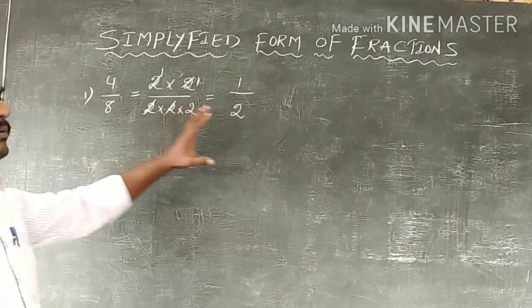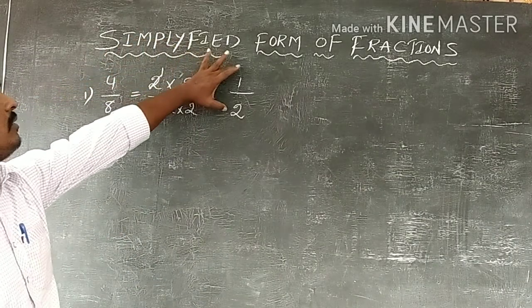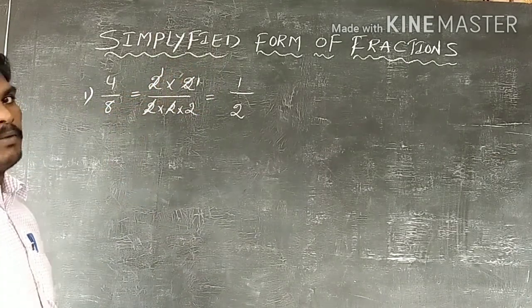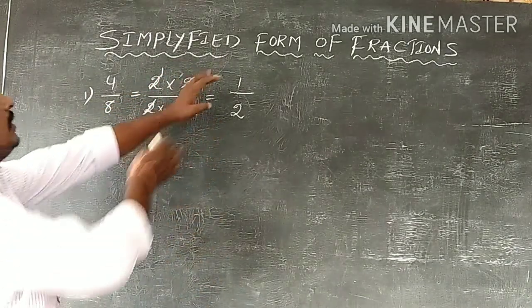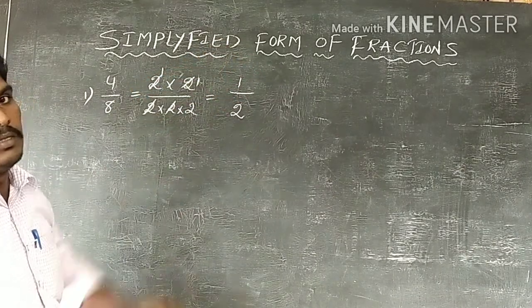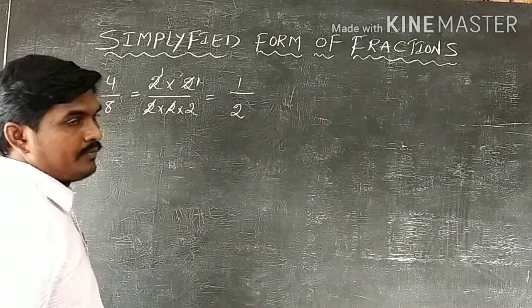This is one way to simplify: 4 by 8 is equivalent to 1 by 2. Here 4 by 8 and 1 by 2 are both equal. In 1 by 2 there is no chance to cancel. This is called the lowest form or simplest form of the fraction.